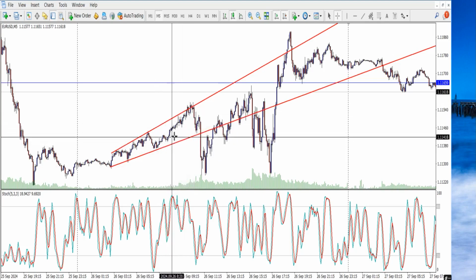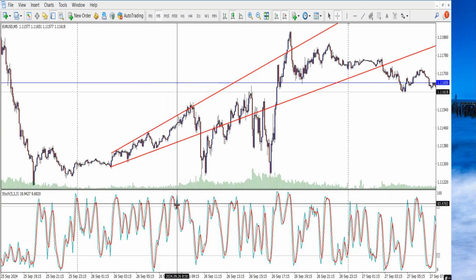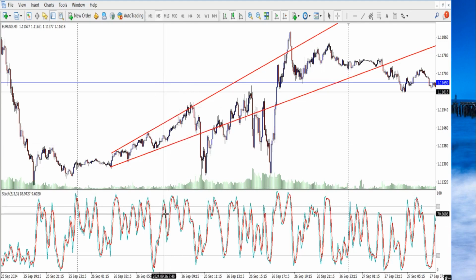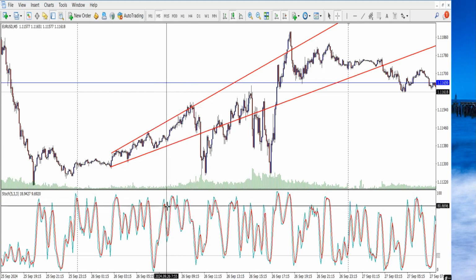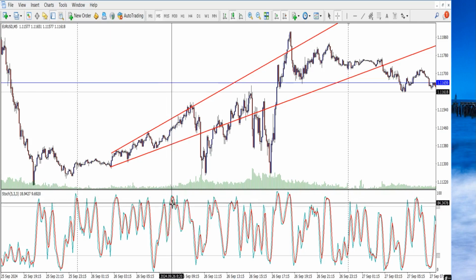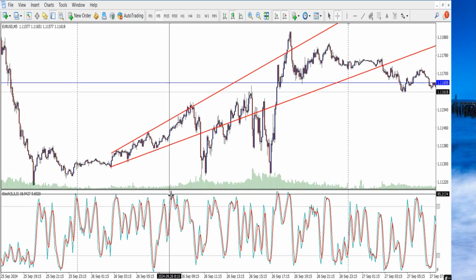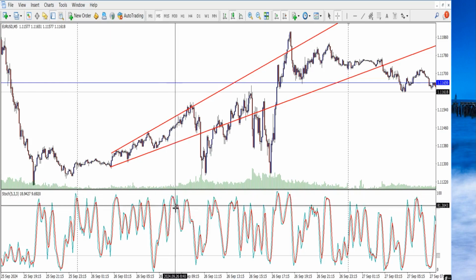Either you wait for the price to get to the trend line resistance, or you can just decide to exit after the stochastic oscillator gives a sell signal, which is price getting to the overbought region and the oscillator crossing over downwards.